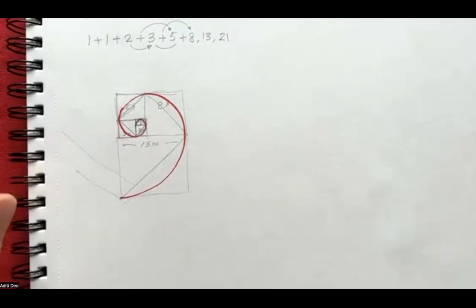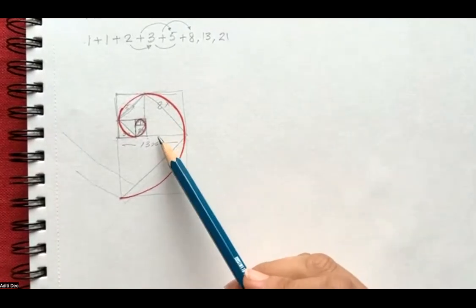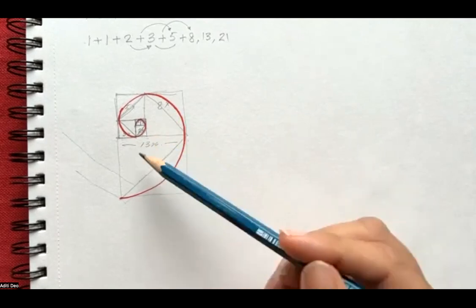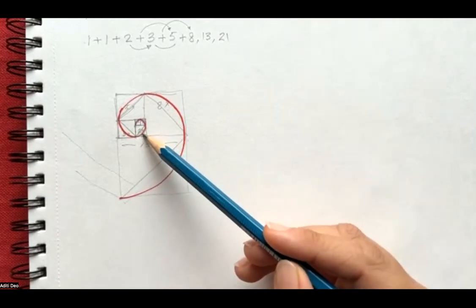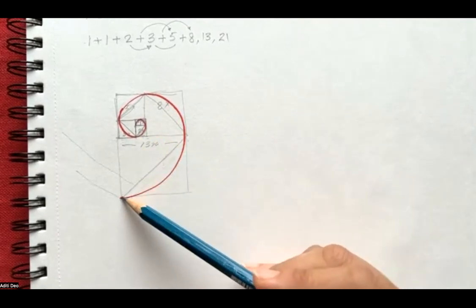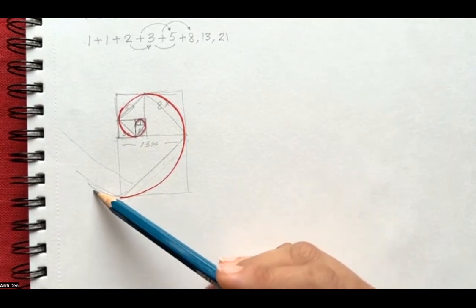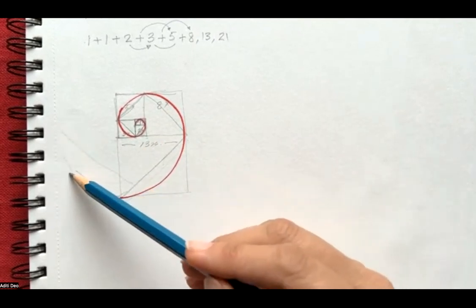And if we now look at the shell of the Nautilus, you can notice that this is the structure from where, if I expand this a little further, this will be part of the next line.